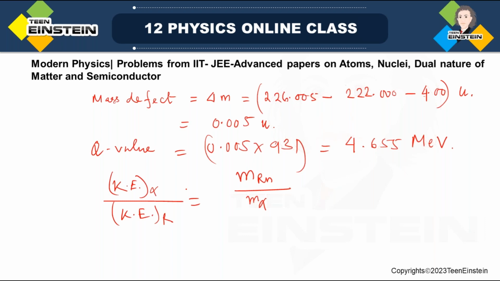So from here we will be able to find the kinetic energy of radon. So m alpha divided by m Rn into K alpha, the kinetic energy of alpha.